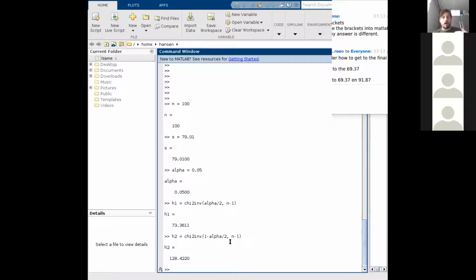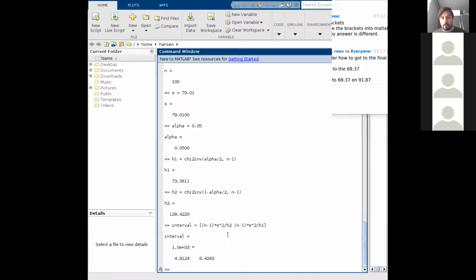And now I need the upper and the lower limit. So my interval is n minus 1 times s squared divided by h2. I divide by the higher number, so I get the lower end of the region. And the upper region is n minus 1 times s squared over h1, right?